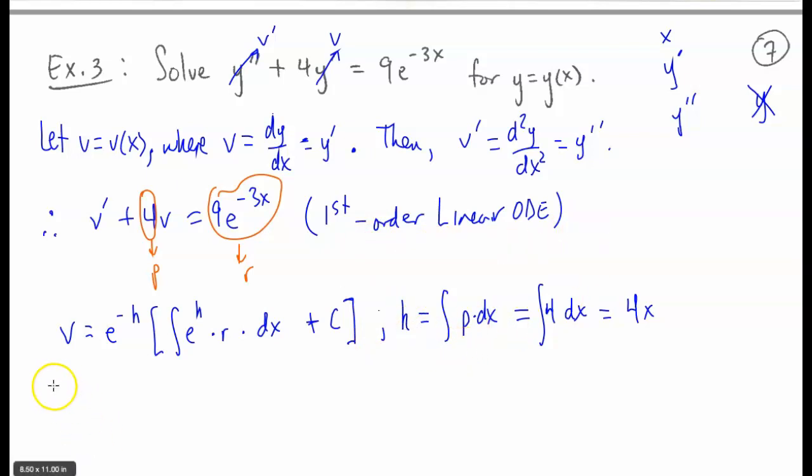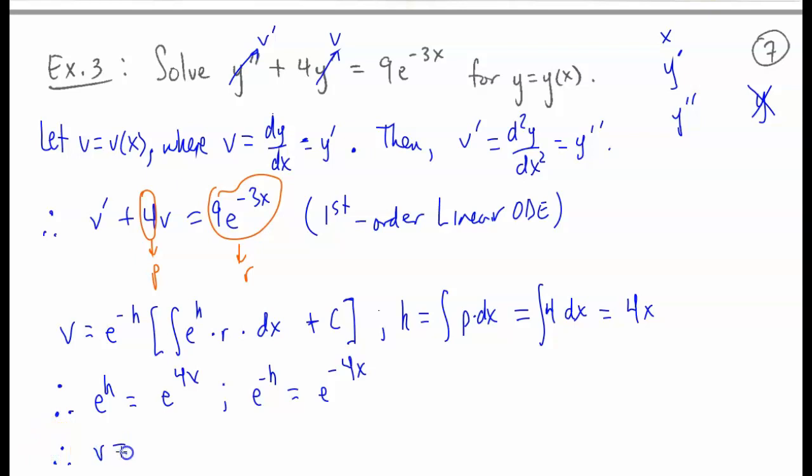So this h is here so that we can find our integrating factor, which is e raised to the positive h, which is just e raised to the 4x, and thus e raised to the negative h is just going to be e raised to the minus 4x.